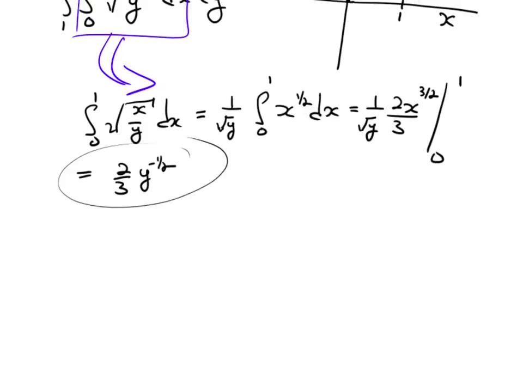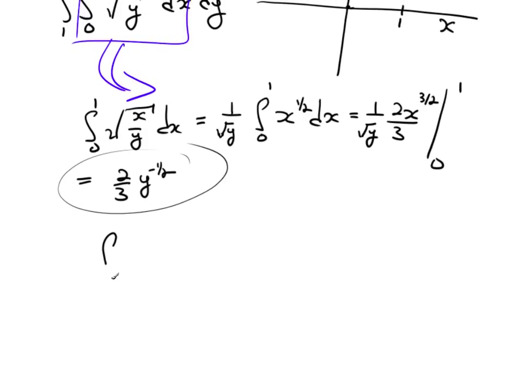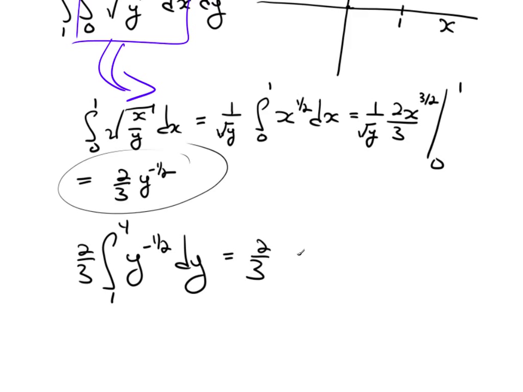Now I'm going to integrate from 1 to 4. I'm going to pull this 2/3 out. y to the negative 1/2 dy, which equals 2/3 times y to the 1/2 divided by 1/2, which is the same as multiplying by 2.